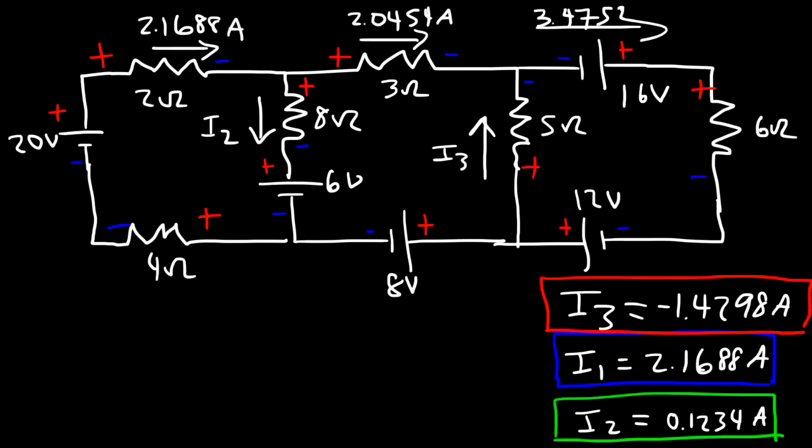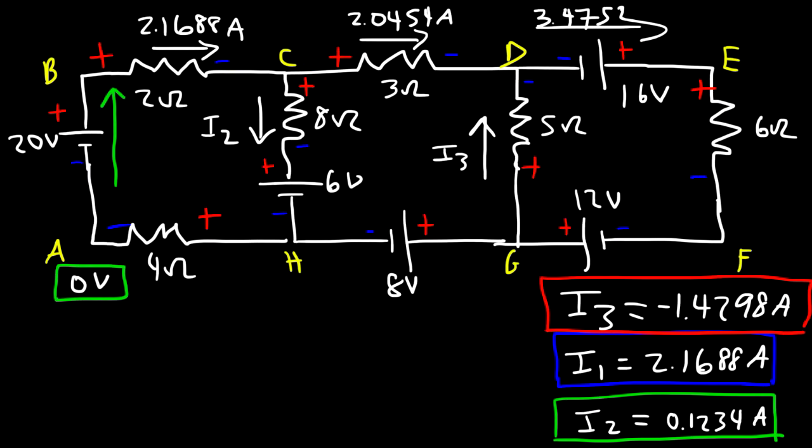So now that we have all the appropriate signs, let's calculate the potential at every point. So let's calculate it at, well, we're going to assume point A is 0. This is B, C, D, E, F, G, and H. So if the potential is 0 at A, what is it going to be at B? So going in this direction, we have a voltage lift of 20 volts.